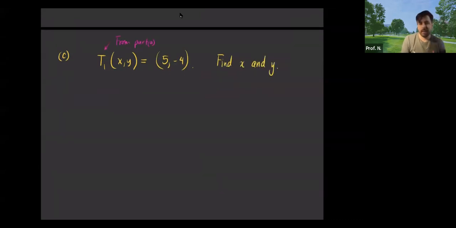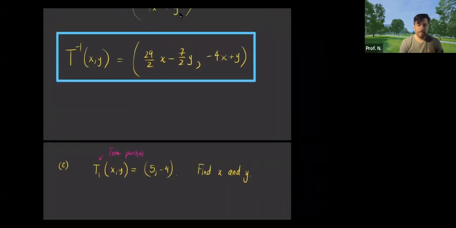So how do you find x and y? How would you find x and y given what we found in part A?